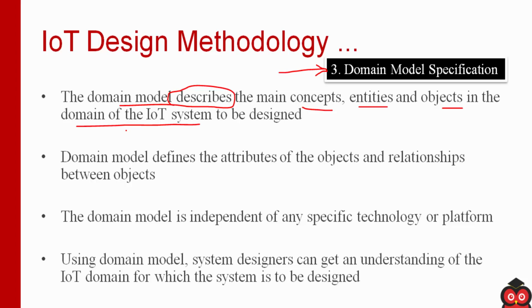There will be rooms because it is a home automation system. There will be sensors and actuators. All these things come as concepts, entities or objects. And this domain model defines attributes of the objects and the different relationships between these objects. In the diagram we will see what these objects, attributes and relationships are.